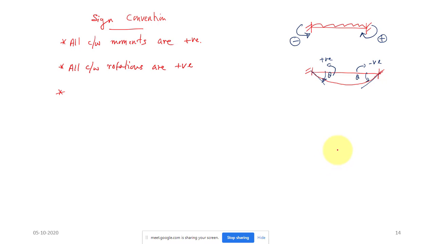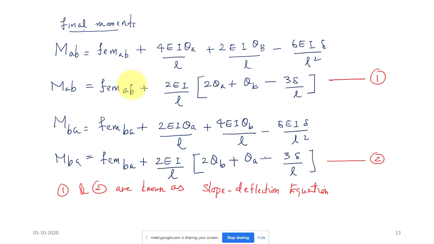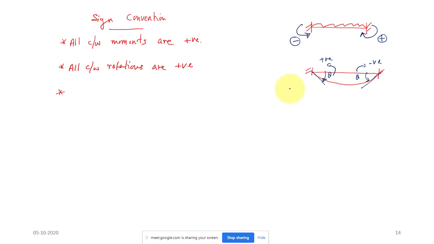And one more thing is there in the derivation. We have done moment and rotation, and the remaining term is your settlement, the relative settlement. For relative settlement, again remember this: right support sinks, that is positive.